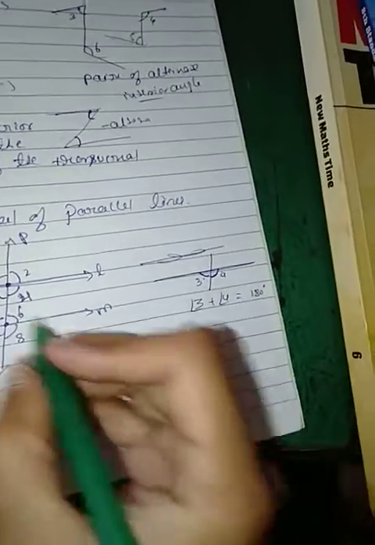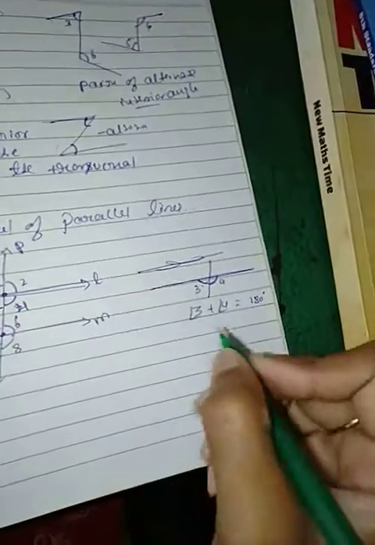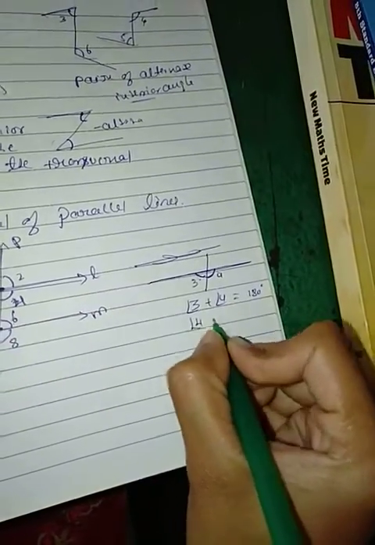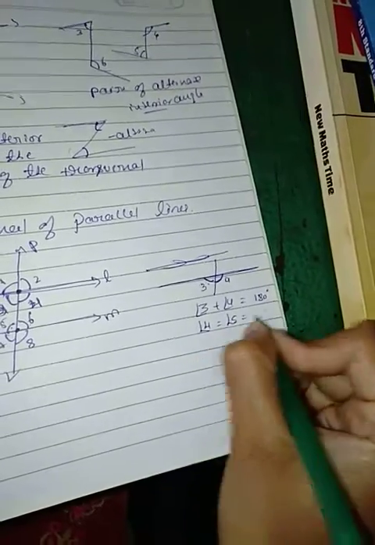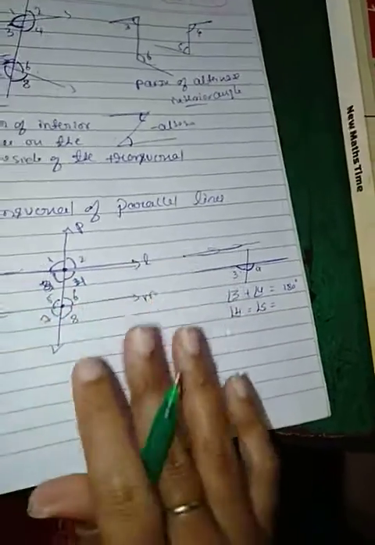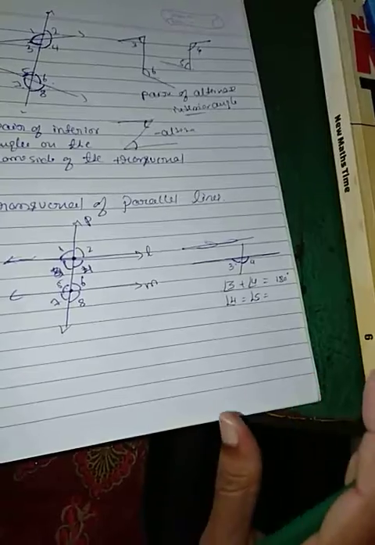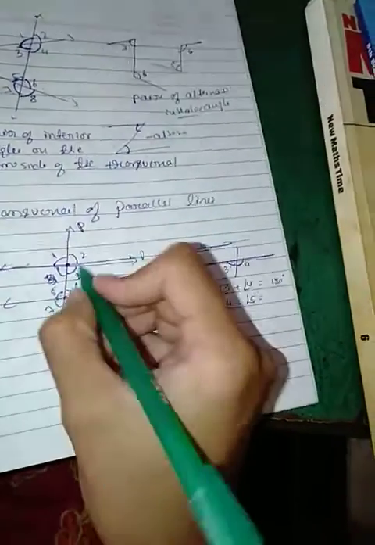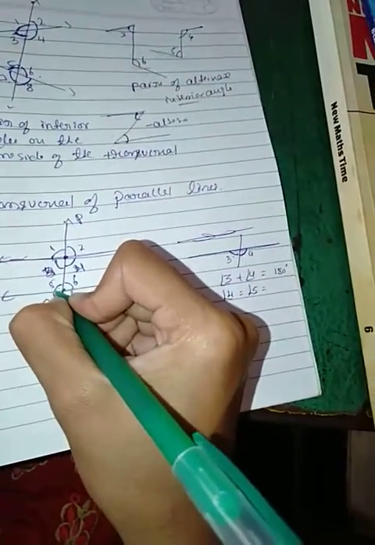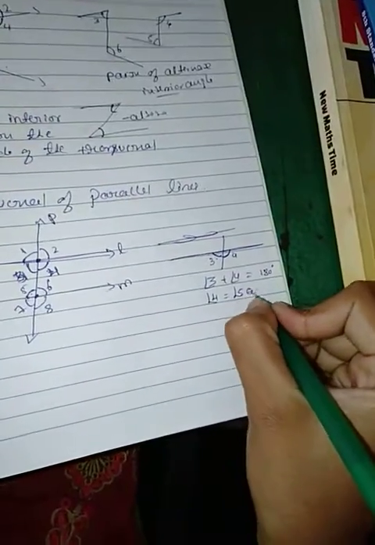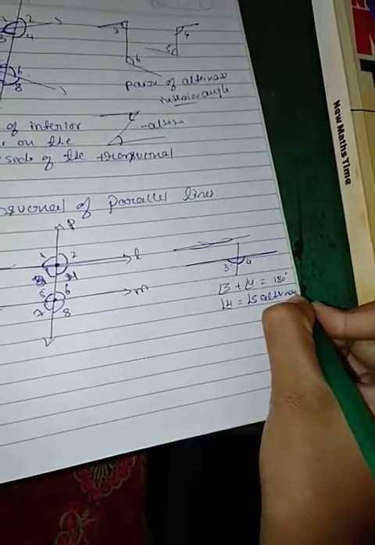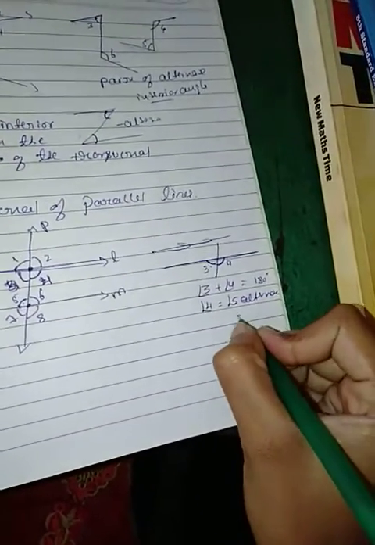And one more thing here, this 4 is equal to 5, because they are alternate angles. Alternate angles are always equal. So 4 and 5, see this figure, this is the 4, this is the 5. 4 and 5 are alternate interior angles.